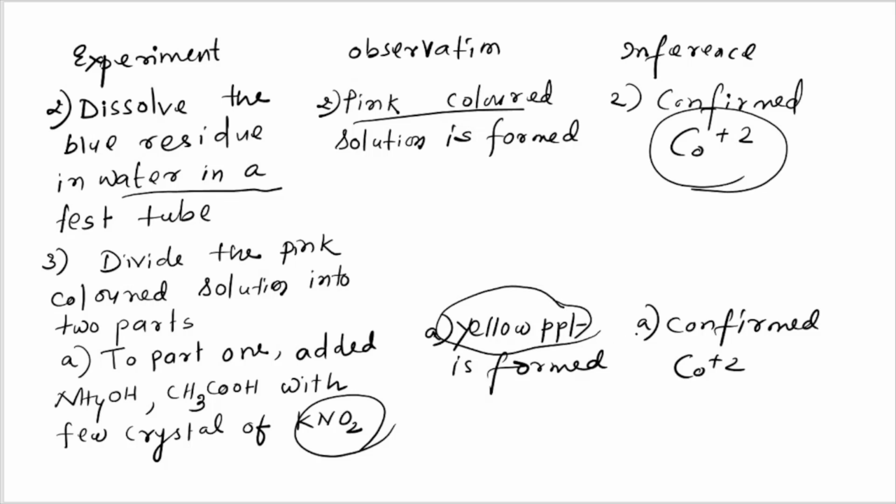Now a yellow precipitate is formed, which indicates Co+2 is confirmed. Again listen, the blue residue formed is dissolved in water, and a pink colored solution forms. The pink solution is divided into two parts. To part 1 add ammonium hydroxide, acetic acid and KNO2, then it gives a yellow precipitate.